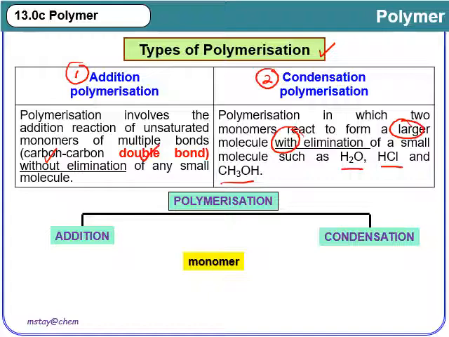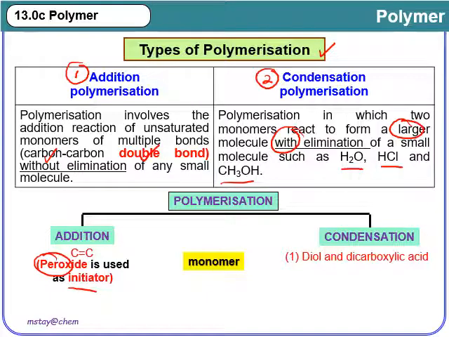Now, what is the monomer that always is involved in addition polymerization? Like we mentioned, the monomer always consists of a carbon-carbon double bond, and we need peroxide as the initiator. For condensation, we may have two types: diol and dicarboxylic acid.